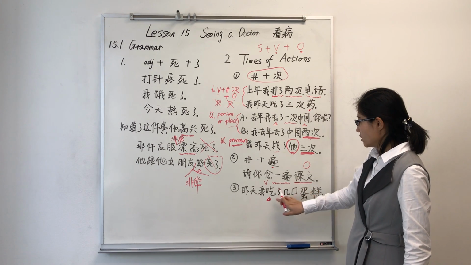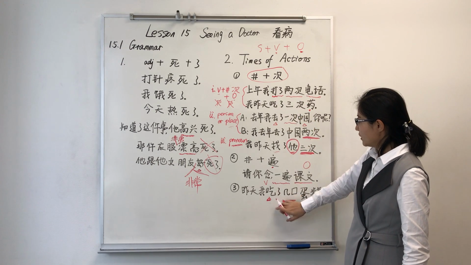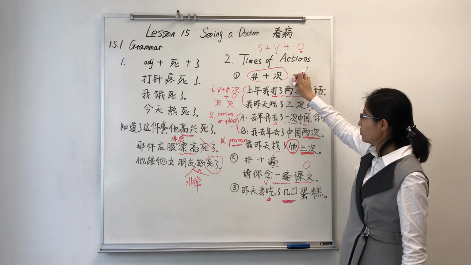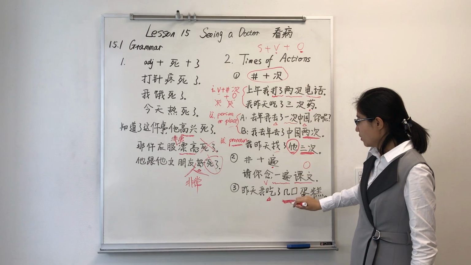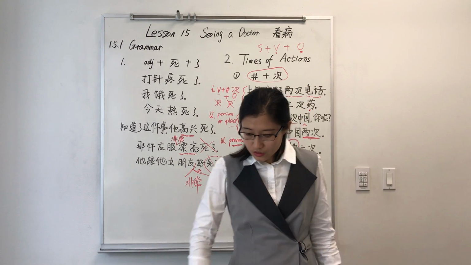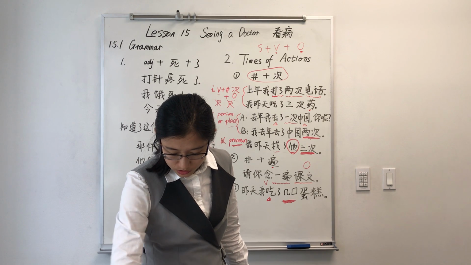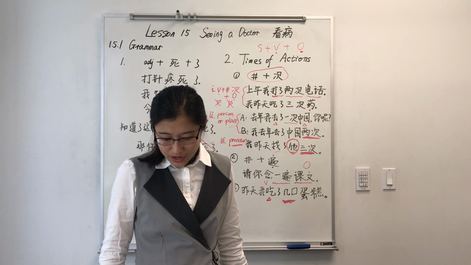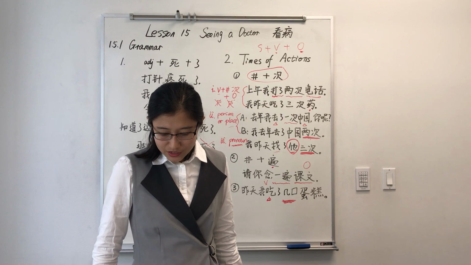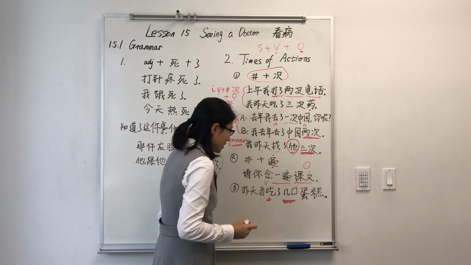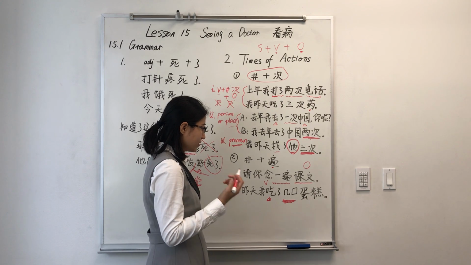We don't say eat that once or eat that twice, so we don't use 次 or 遍. We use 口 to describe that. So what's the meaning? I ate a few mouthfuls last night. So 几口 here means mouthfuls of that cake.